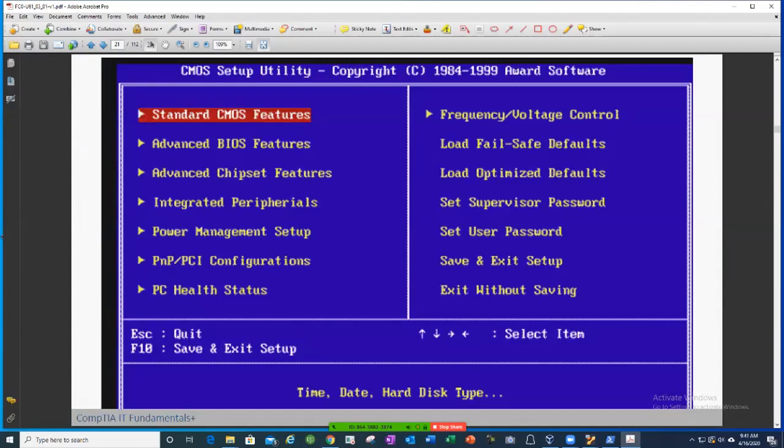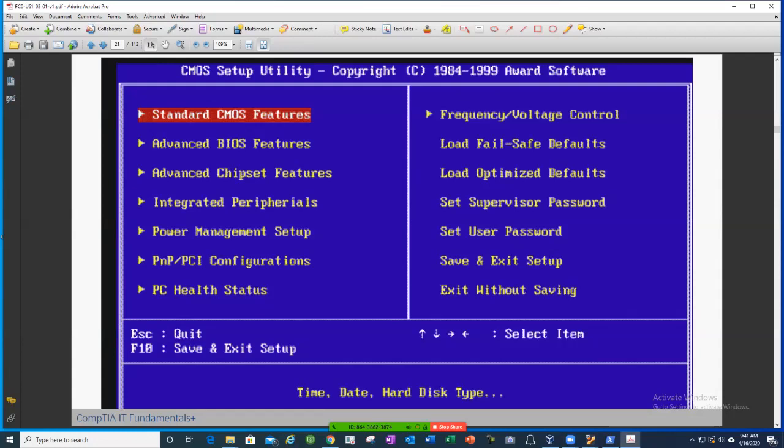This is an older setup where you have to move around with the keyboard, and it says that if you make any changes, you press F10 to save and exit setup. Basically you're going to have different menus. You move around these menus depending on what you need to look at or change. Certain things here are changeable. Other things are just for information purposes. But there's a lot that you can change in a BIOS.